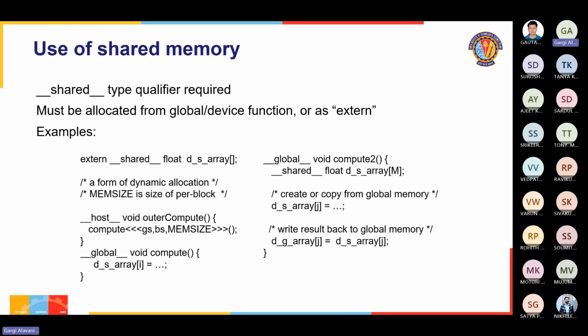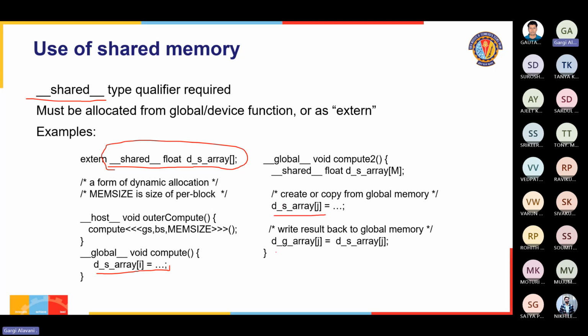We've seen how you can use shared memory, that is by using the shared type qualifier. Wherever you put this, the data gets stored in your shared memory. Then you can fetch any data from your global memory, store it in your shared memory, and do the computation.